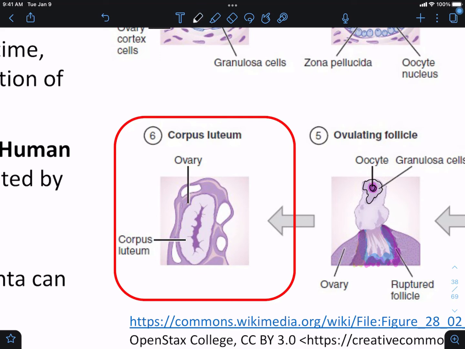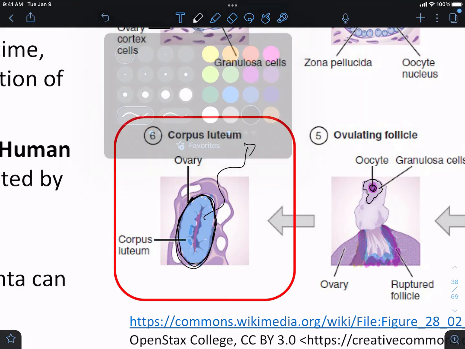You can see this outer layer here. This is created by the theca cells, okay? This boundary that exists here. And the follicular cells are these. But they change, they differentiate, they turn into something different. They still secrete that estrogen. Okay, yes, estrogen is being secreted.